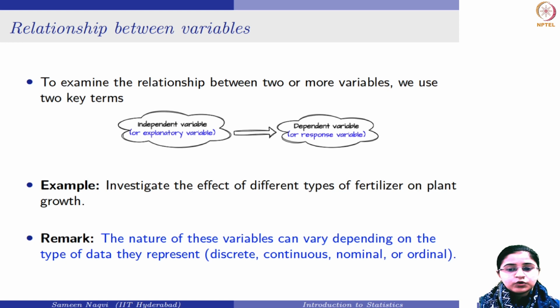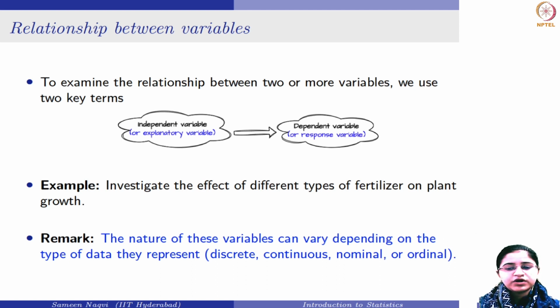But here note that you cannot order them, right? So this is basically your nominal variable. So the independent variable in this case is of nominal type. Whereas if we look at the plant growth, it is basically your continuous variable because here you are going to measure the height of the plant. As we have already seen in the last lecture, height is your continuous variable.